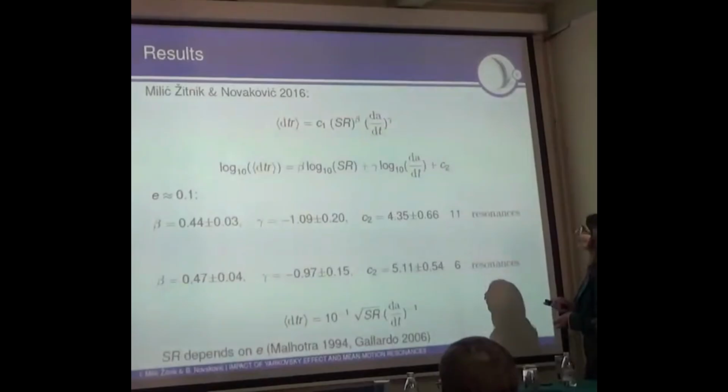We established a functional relation between the strength of resonance and Yarkovsky drift speed, eccentricity, and the time that objects spend in resonance. Also, we have some idea to include inclination in this equation, but we will see.